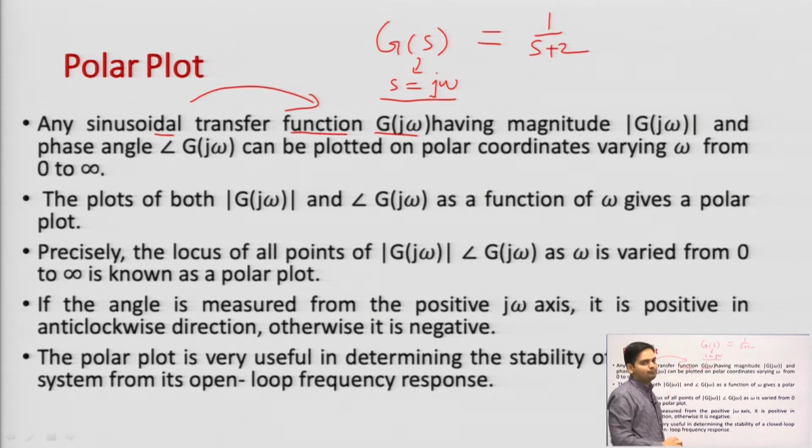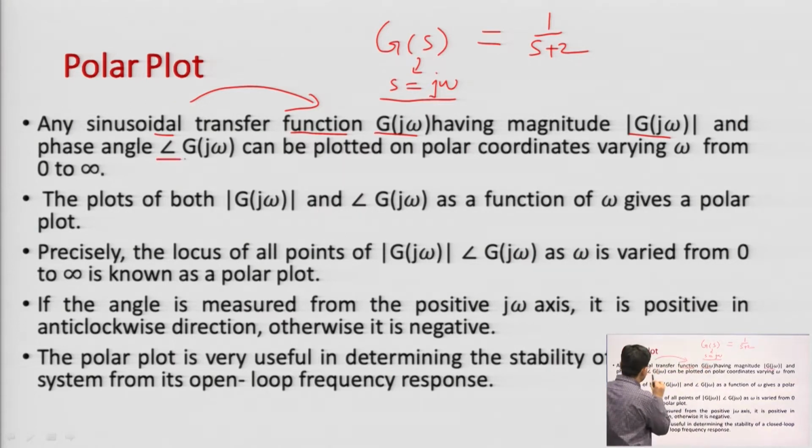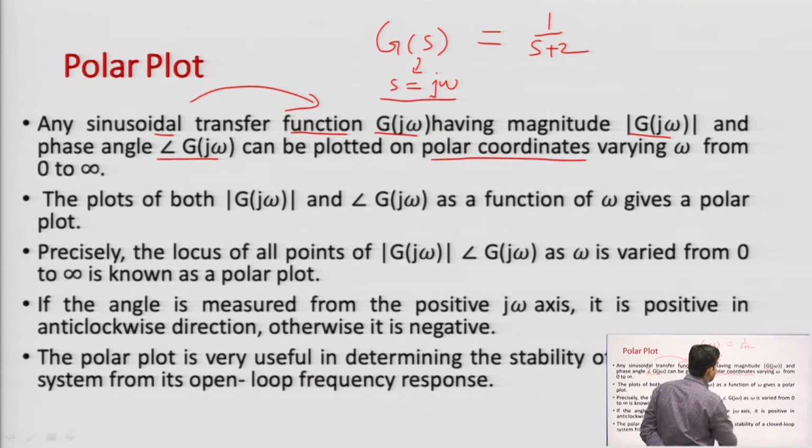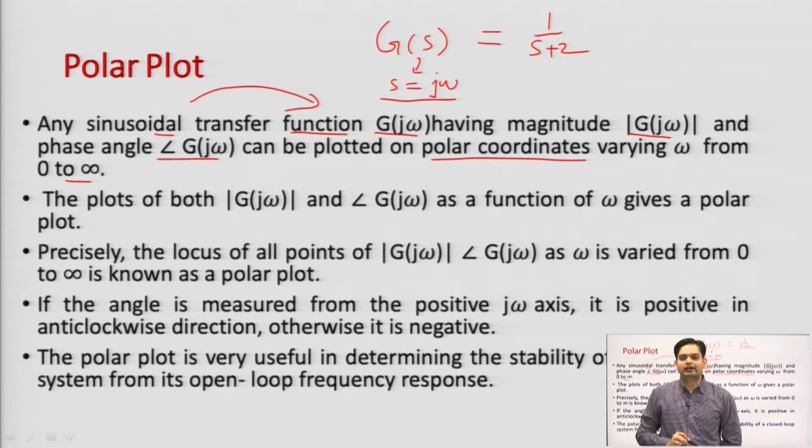It means our input is a sinusoidal signal. Then we need to calculate the mod of G(j omega) and the angle of G(j omega), and plot it on the polar coordinate, where we vary omega from 0 to infinity.